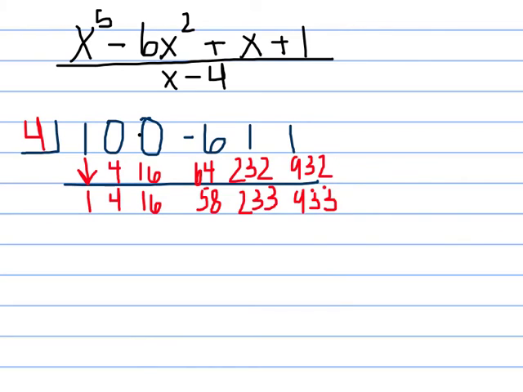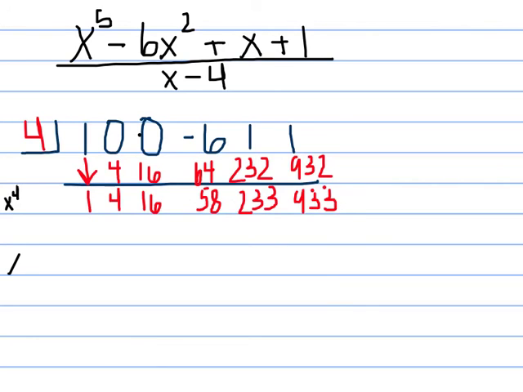Well, that is a really big remainder, but that's okay. My highest power started out as x to the 5th, but because I divided out an x, my new highest power here would be x to the 4th.